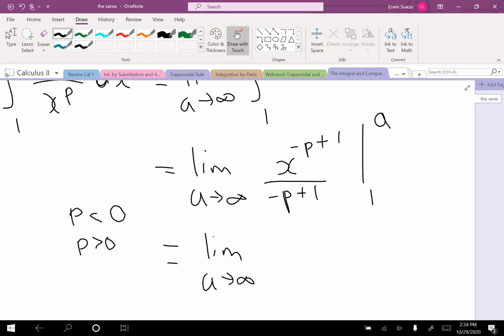But let's keep going. They are not telling us anything about whether p is positive or negative. It's our job to decide what is a good p. So I plug in my a, and then subtract, I plug in 1.